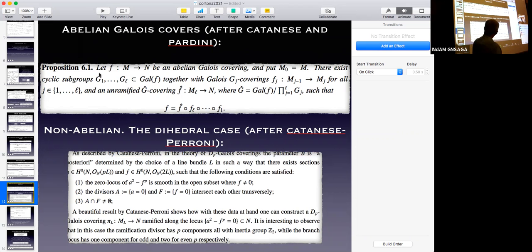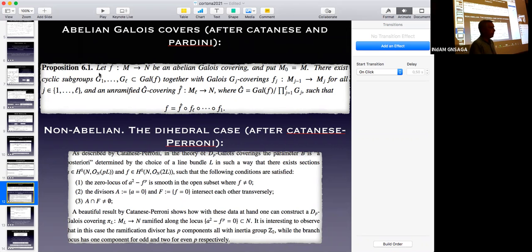Now, honestly, we fell in love with the construction by Catanese and Perroni for the dihedral group. For the dihedral group, the story, I think, is worth advertising. On top of all this discussion about existence, I'm discussing this point because the only thing I knew before was that for the cyclic case there is no problem.